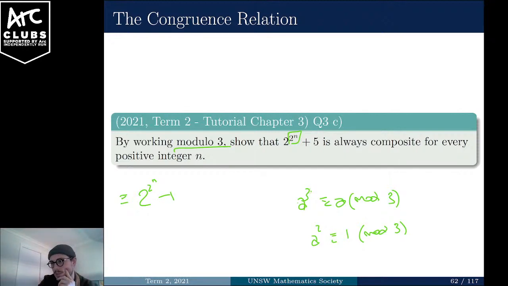Raise both sides to the power of n. Yeah, because I get what you're saying, but then isn't that then 2n?